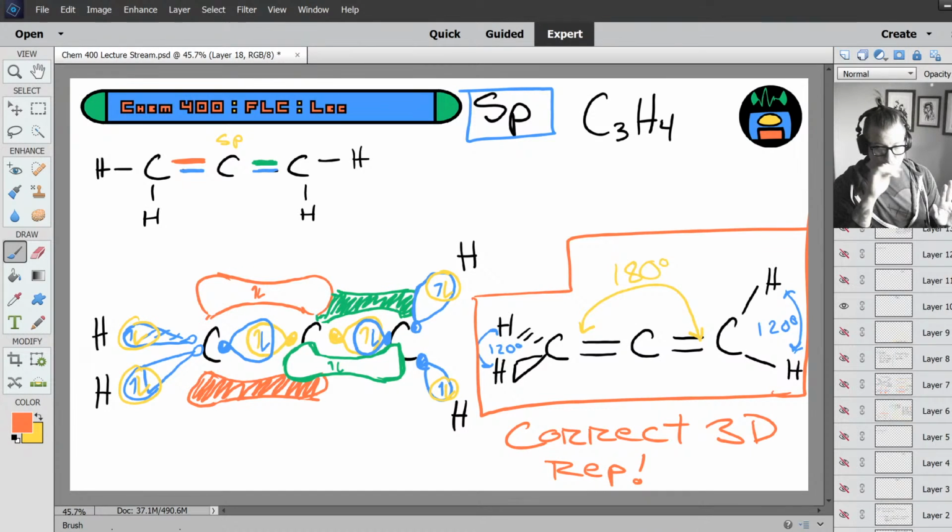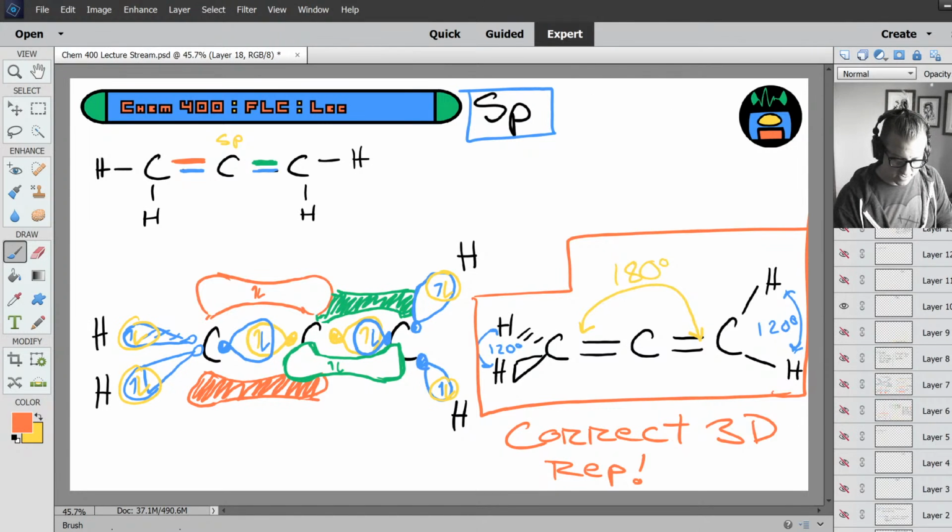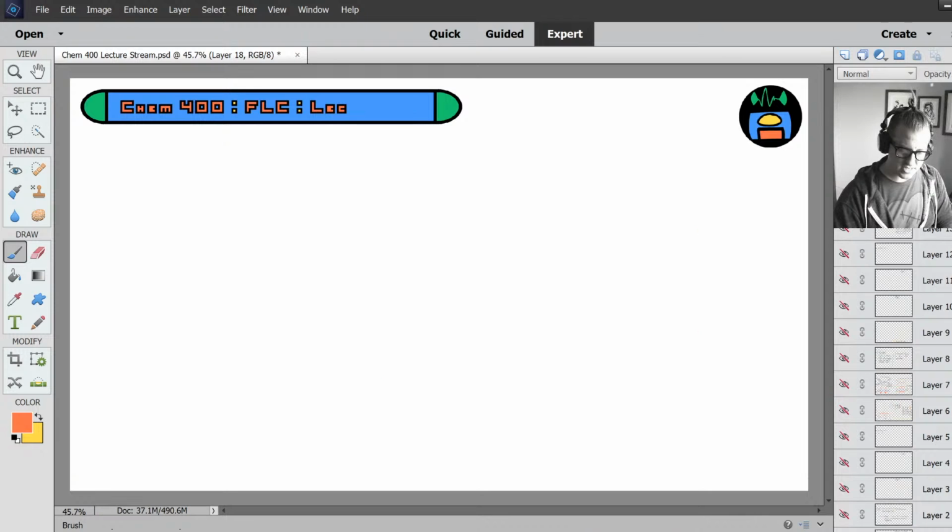Now, I want to take a moment. So we're here. We're winding down. We're kind of at the end of our discussion of hybridization, and I want to recap what I laid out for us at the beginning of this discussion. So here's kind of like the big picture take-home message.